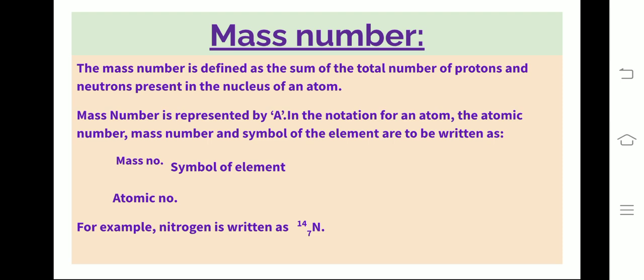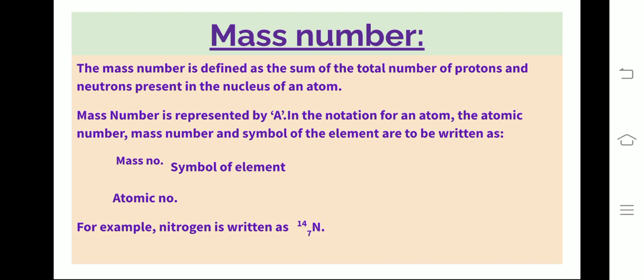So, the sum total of the number of protons and neutrons present in the nucleus of an atom is called the mass number. Also, the protons and the neutrons are collectively known as nucleons, as they are present inside the nucleus. Mass number is represented by capital A.